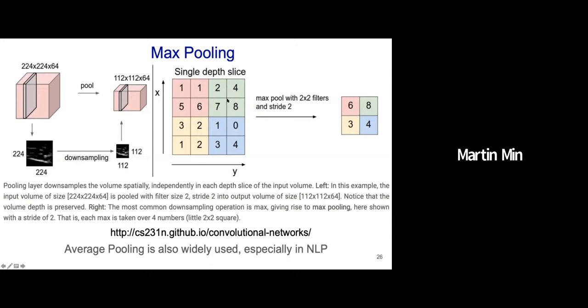So this is how you use the stride and the pooling size to control what kind of resolution and output size you get. For example, this is your 4 by 4 input. If you have a 2 by 2 kernel with a stride of 2, you will reduce this 4 by 4 input into a 2 by 2.